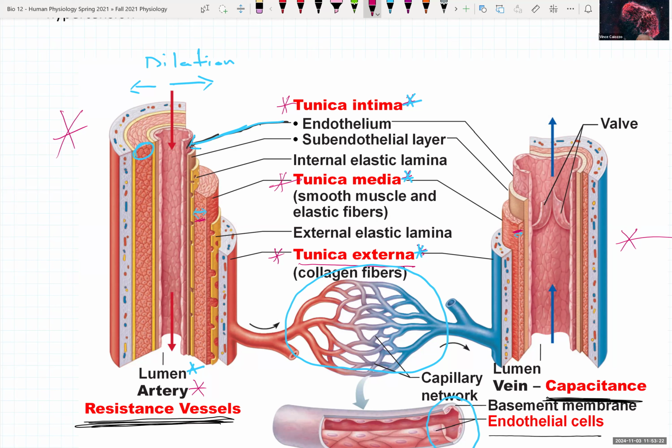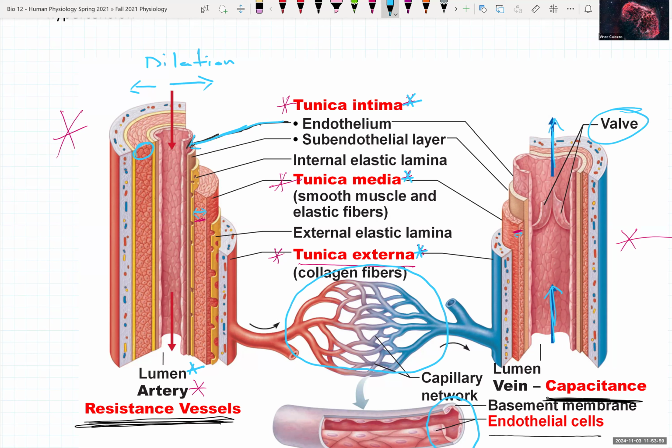So in veins, the thickness of the tunica media is much less than it is in arteries and arterioles. Also, not to be forgotten, within the veins, as highlighted here, where we see the flow of blood moving upward, there's a presence of valves that ensure that blood only flows in one direction throughout the circulatory system.